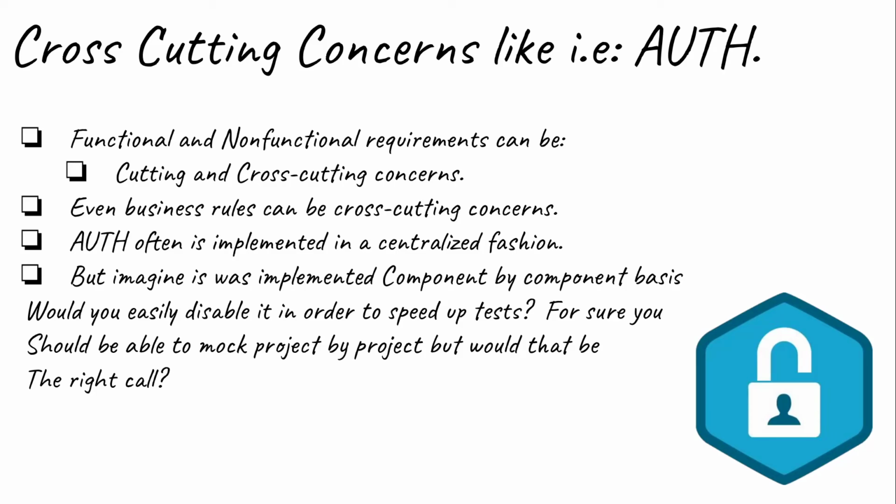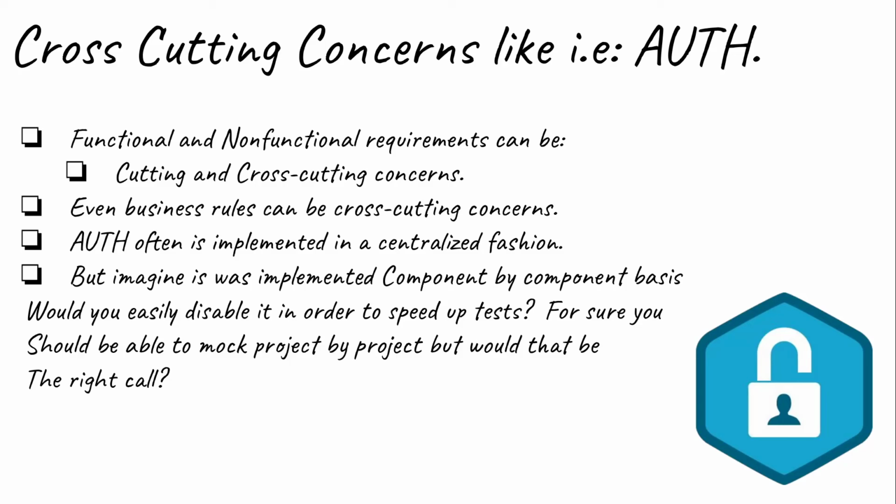You cannot easily mock it in a generic way. You need to do it in a different way, service by service, if every service deals with it in a different way. So you are really increasing the cognitive load, and you are making it hard to test.